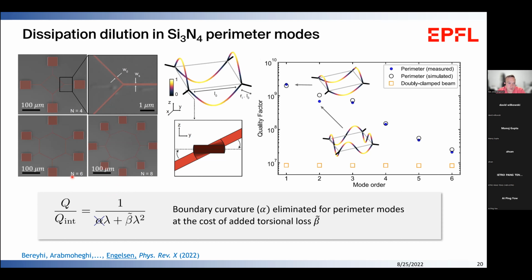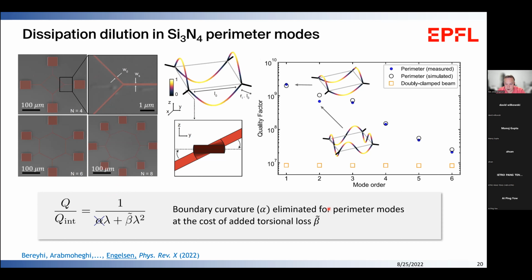So what we do here is we exploit the symmetry of these regular shaped polygons, which means that they have what we call a perimeter mode, a mode that only exists on the perimeter of the mechanical resonator. And this means that it essentially doesn't see the clamps at all.